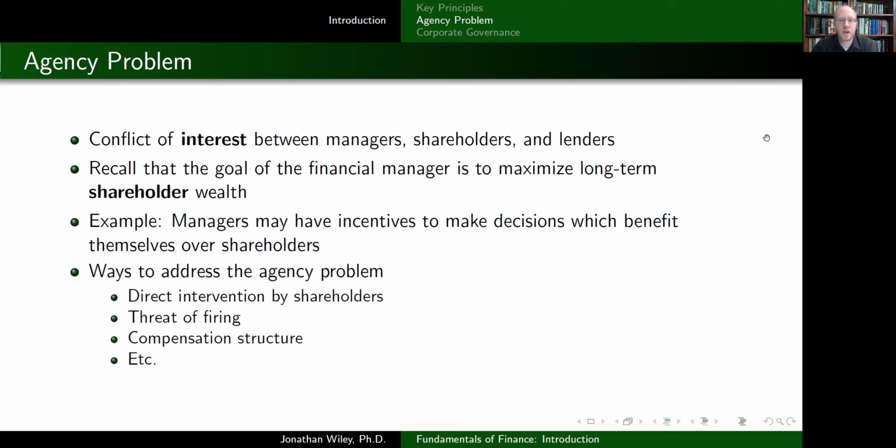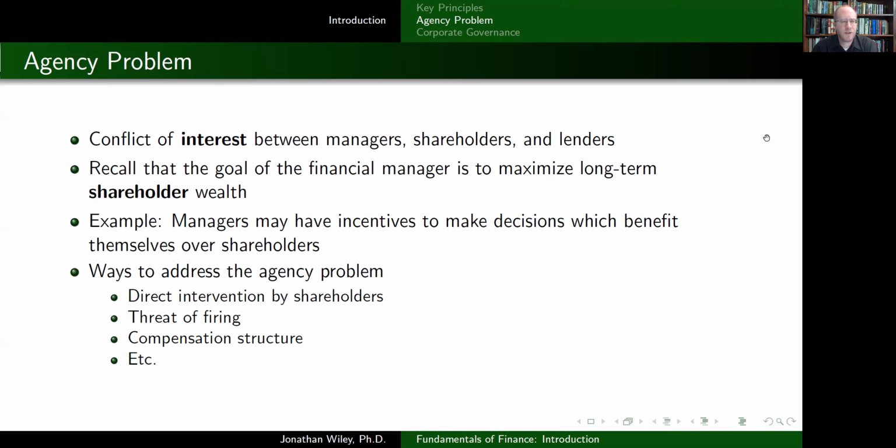And then by hitting the earnings target, the manager gets a bonus. But if you think about it, cutting off research and development spending is probably going to adversely affect long-term product development, et cetera, which is going to be bad for the shareholders in the long run. Now we're back to a situation where the managers are making a choice that's best for them, but not necessarily best for the interests of the shareholder. And therein lies the agency problem.